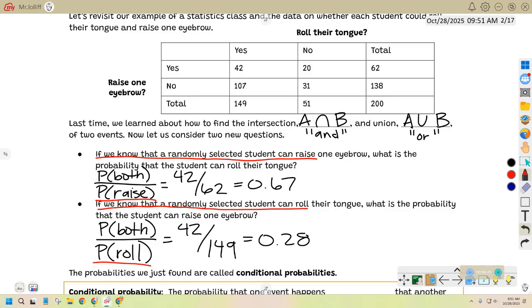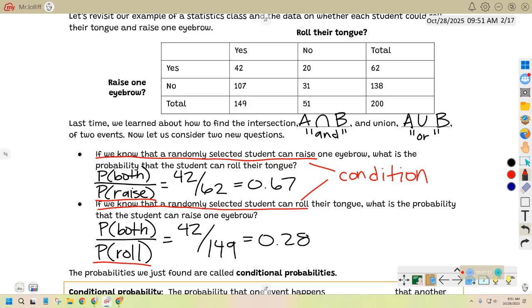That thing that we've been underlining, the thing that's forming the bottom of our probability fraction, is known as the condition for our probability. And these probabilities that we just calculated are called conditional probabilities.